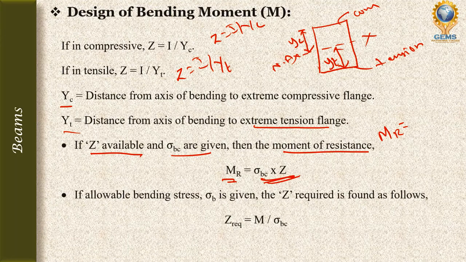If the allowable bending stress sigma bc is given and z is required, then from the above equation z required is equal to M by sigma bc, where M is the maximum bending moment. So this is the design for bending moment.